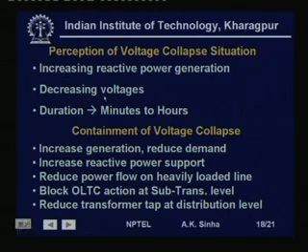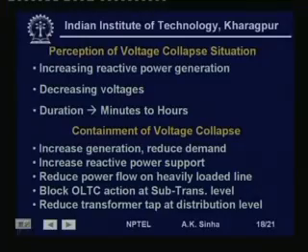The other aspect which the operator sees is that in some part of the system the voltages are decreasing to abnormally low levels, that is, they are going below the normal limits.